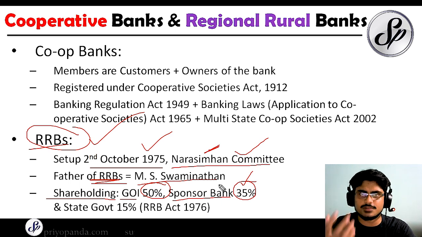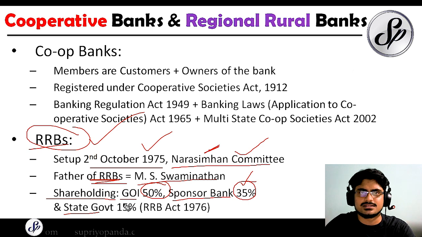That is why the sponsor bank is very important. So each RRB has a sponsor bank, and 35% is owned by that bank. And then the state government also has a stake. They have 15%. This shareholding is as per the RRB Act of 1976. Very important to remember the act as well.